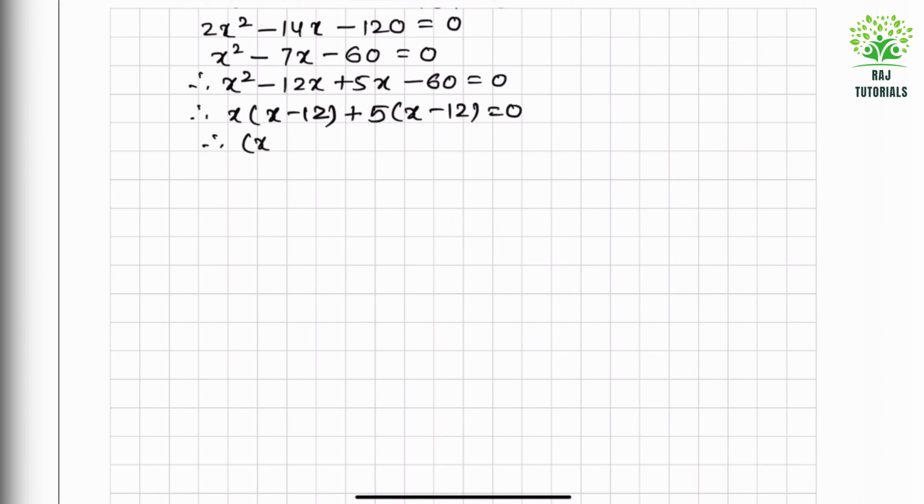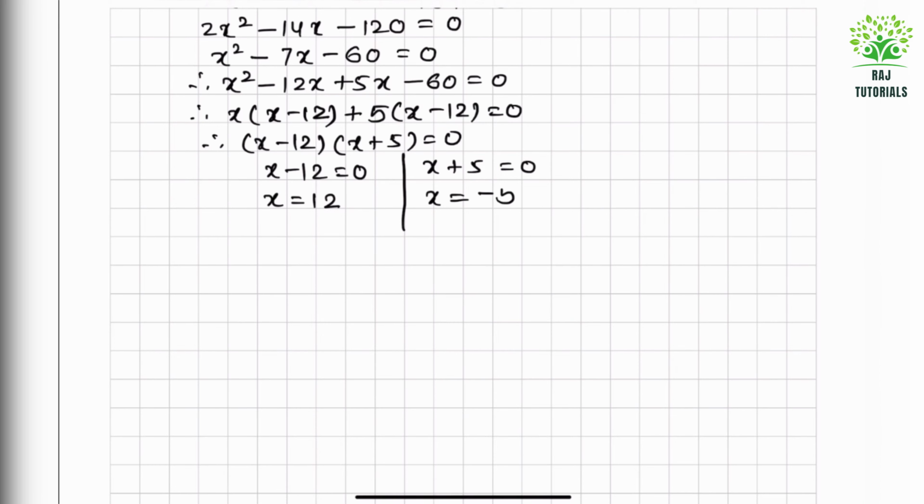Therefore, x minus 12 or x plus 5 equals 0. Now, either x minus 12 can be 0 or x plus 5 can be 0. So if x minus 12 is 0, x will be equal to 12, or x will be equal to minus 5. Now here the minus sign is not possible.